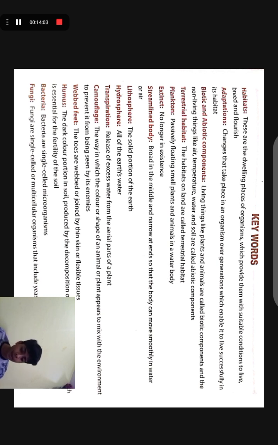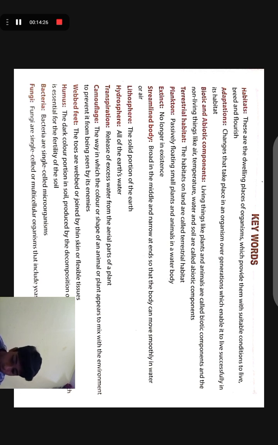Camouflage, the way in which the color or shape of an animal or plant appears to mix with the environment to prevent it from being seen by its enemies. Webbed feet, the toes are webbed or joined by thin skin or flexible tissues, known as webbed feet.